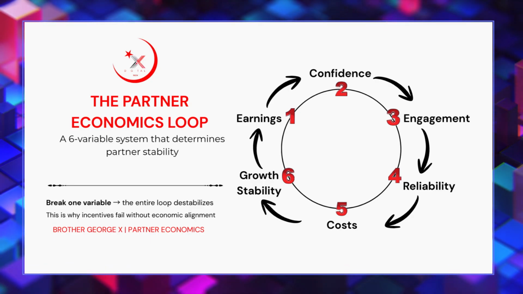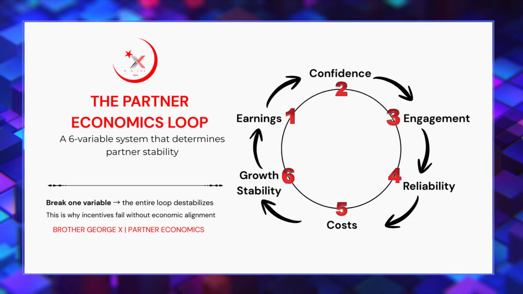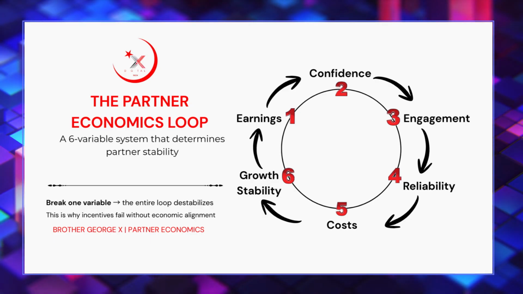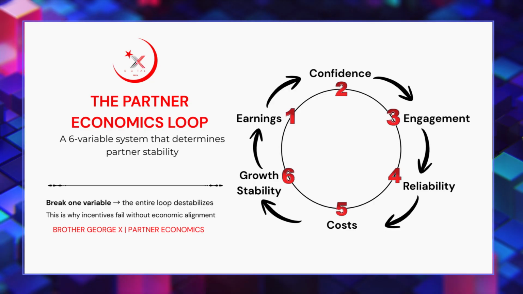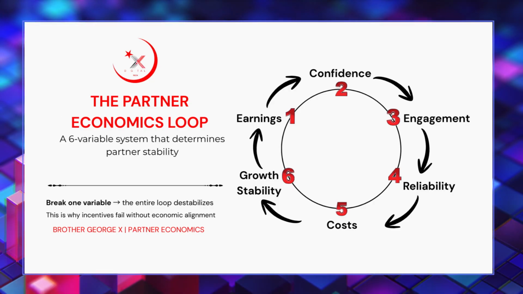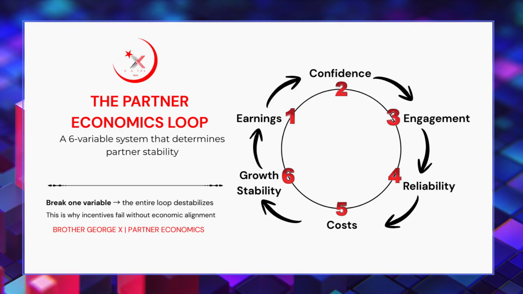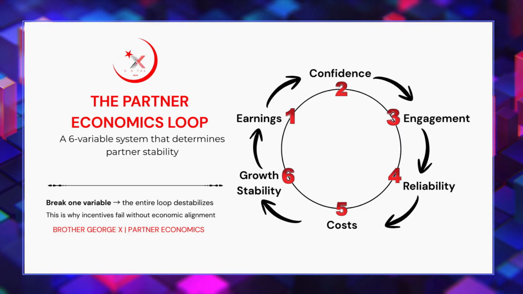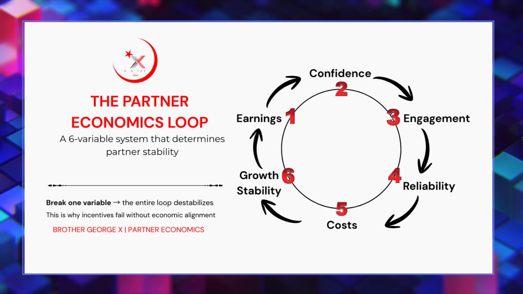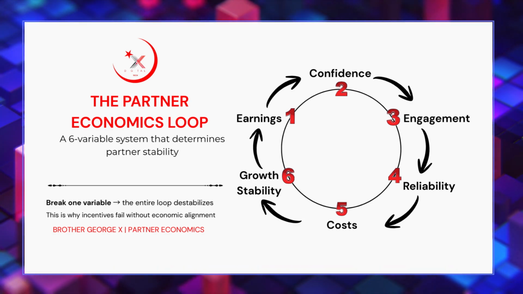This is the output. It's not a lever you can pull, because true stable growth is simply what happens when the other 5 variables are strong and aligned. And that, everyone, is the 6 variable partner economics loop, the most powerful structure for understanding partner stability.